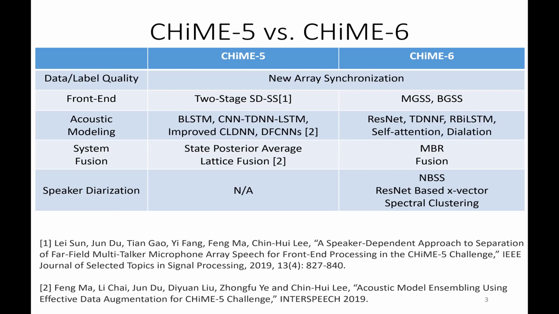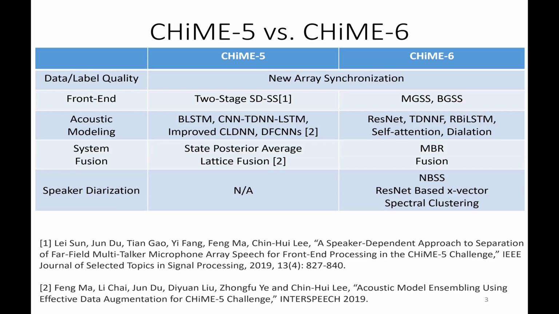In this new setting, we found that our previous front end, namely two-stage speaker-dependent speech separation, which worked well for CHiME 5 data, had no advantage over the simple GSS method for CHiME 6 data. Accordingly, we developed new front ends using modified GSS and beamforming GSS, namely MGSS and BGSS.